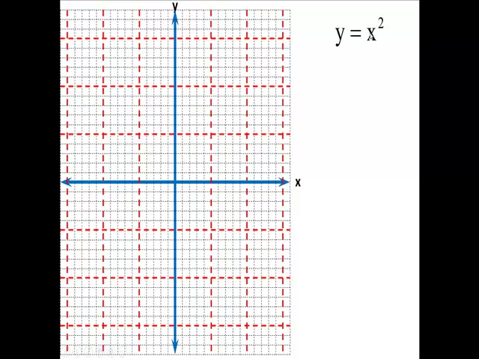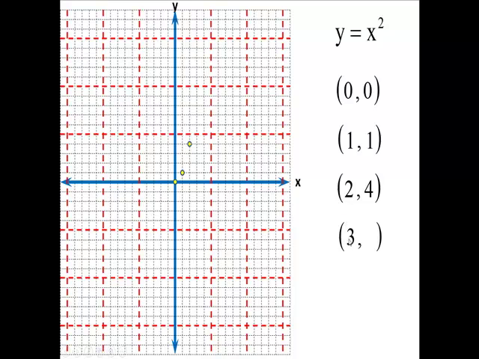The next one, y equals x squared, you should know what that looks like, a parabola. When x is 0, 0 squared is 0, so there's your origin. When x is 1, what is 1 squared? So 1, 1. When x is 2, 2 squared is 4, 2 to the right and up 4.